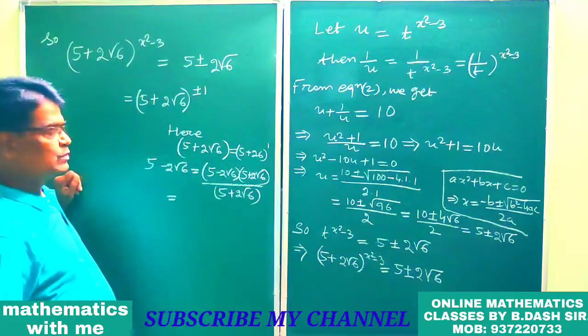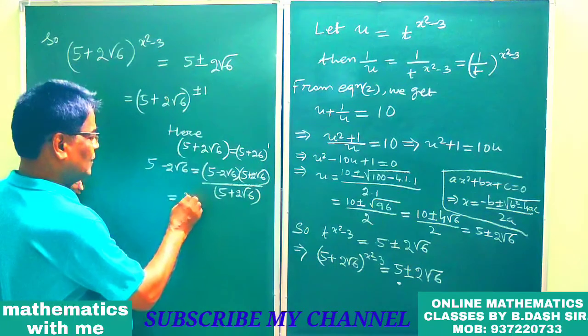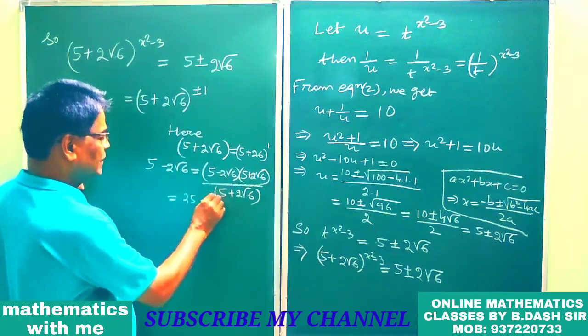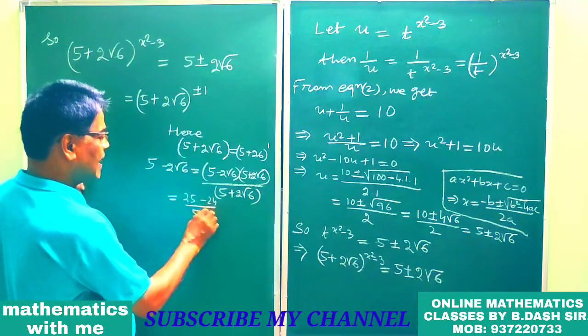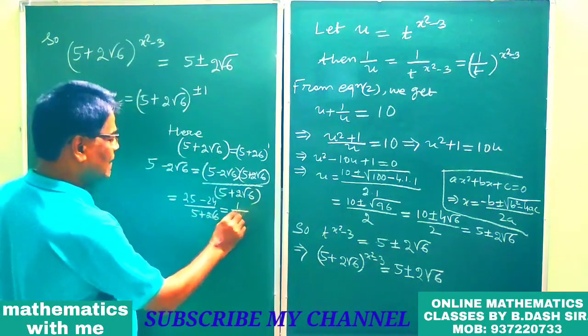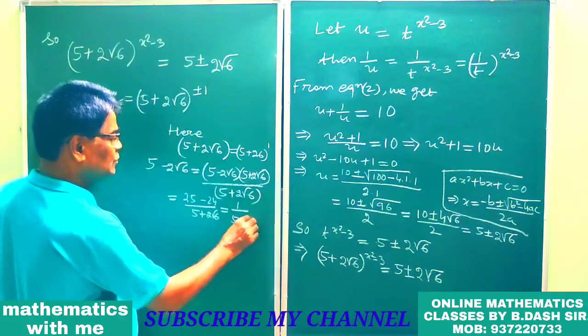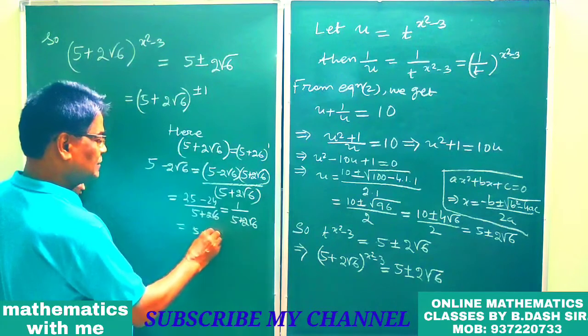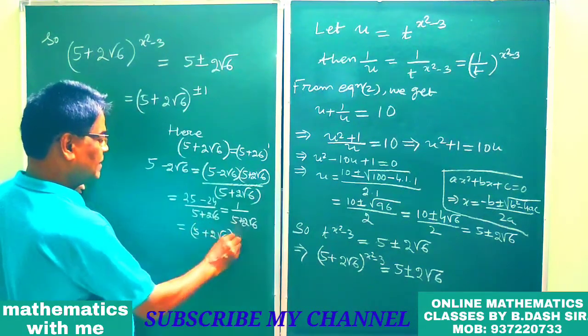This is equal to 25 minus 4 into 6, 24, by 5 plus 2 root 6. This is 1 by 5 plus 2 root 6, which is equal to 5 plus 2 root 6 to the power minus 1.